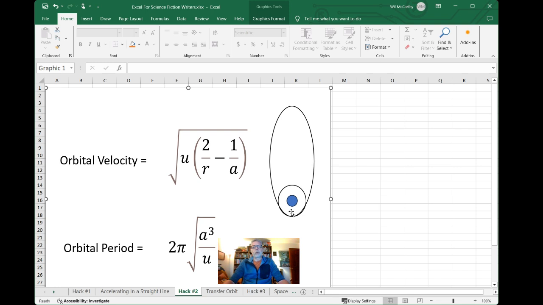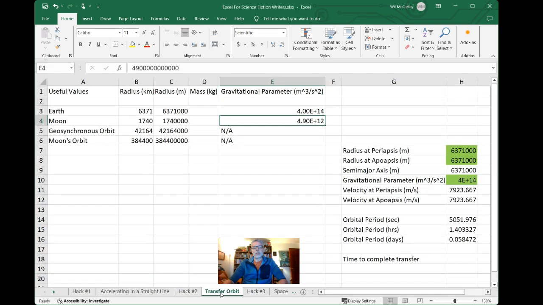If you're an astronomer, you'll talk about perihelion and aphelion being the closest and farthest points from the sun, and you get other Greek names depending on what body you're orbiting. So we'll just use periapsis and apoapsis because they're the more generic terms.